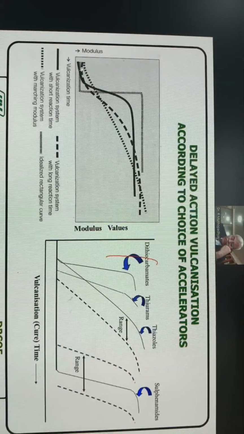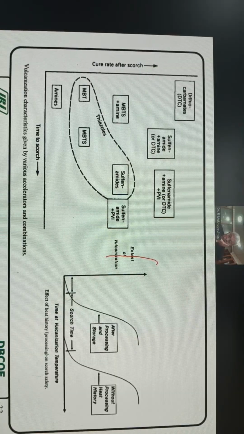There are different accelerators. The ideal accelerator should be, you can see that L-shaped curve: maximum scorch safety, faster curing, and having a plateau. So there are different accelerator ranges you can select depending on the type of facility available. Another, this slide, mostly the compounders do not look at, especially the residual scorch safety.